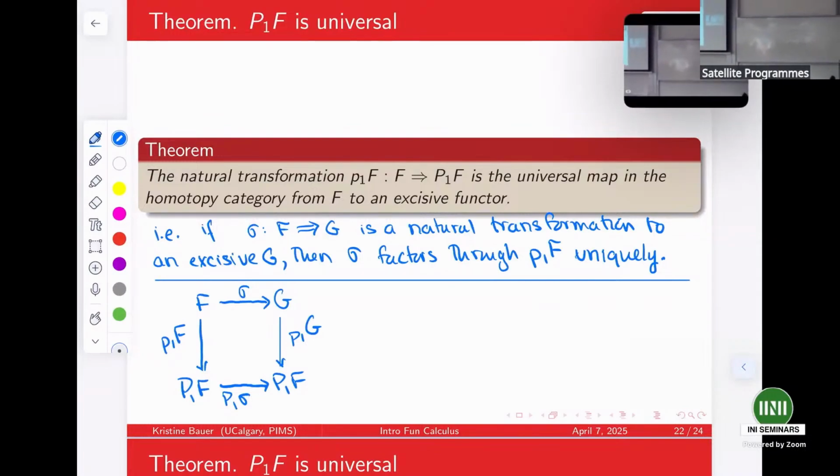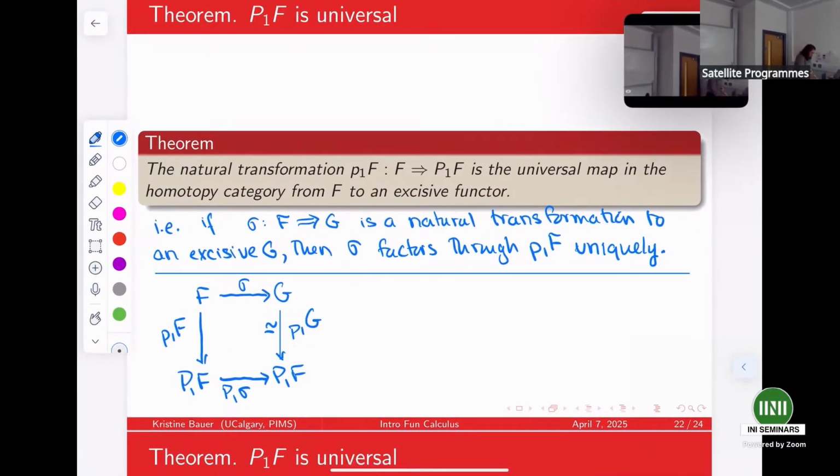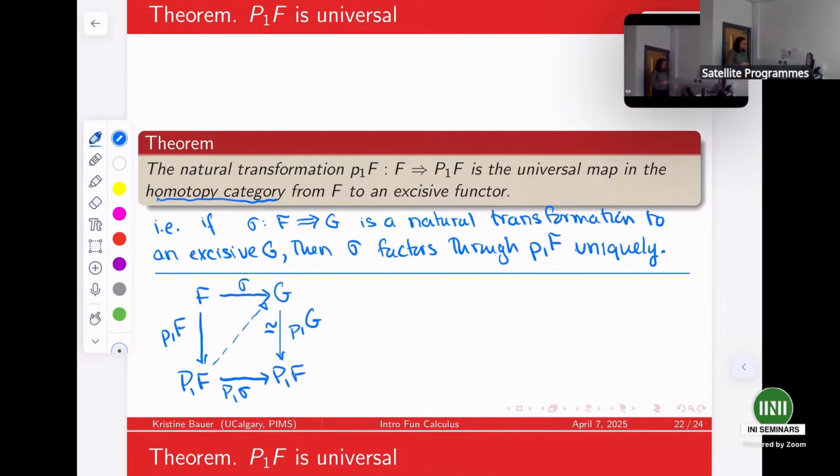So this map is going to be an equivalence. And so the factoring through, the reason it happens in the homotopy category, is because I can think of that factorization as happening right there: by inverting P1G, I get a nice map from P1F to G. Okay, so there exists a factorization.